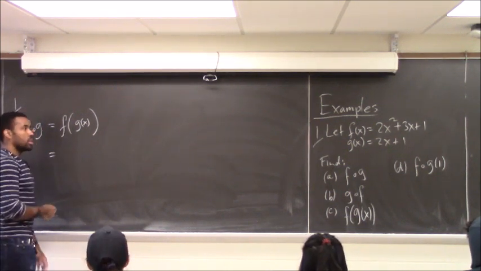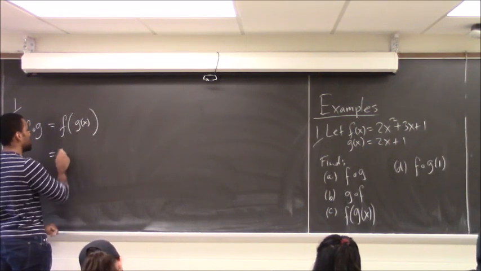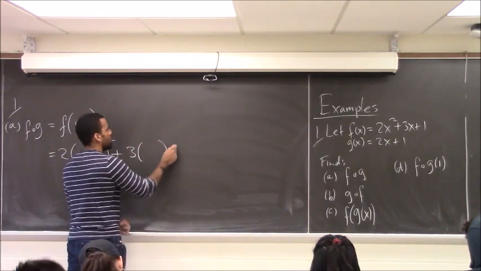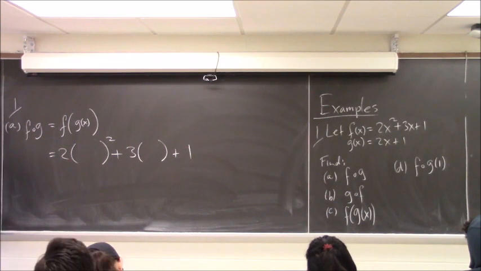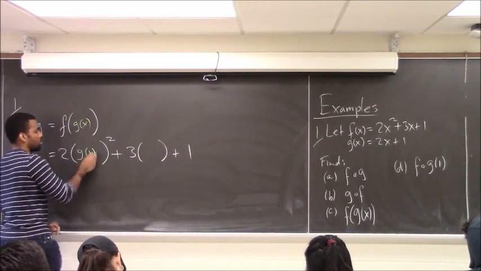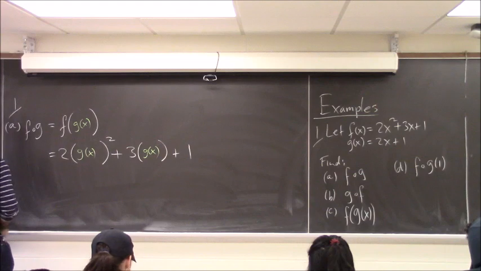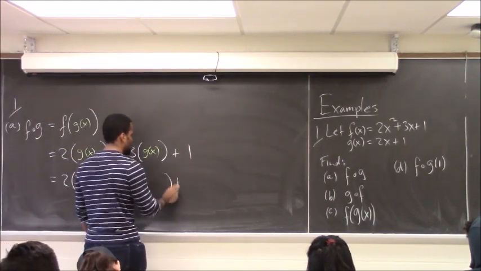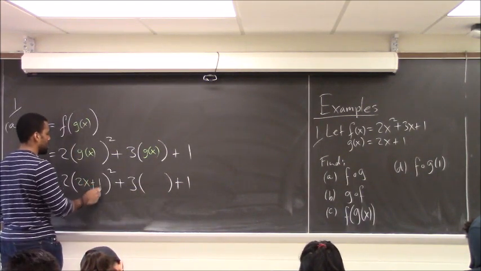Well, because I'm thinking of f as a placeholder, whenever I see f, I automatically think there's a 2 and a void, there's a 3 and a void, and now what I'm doing is, inside those voids, I am writing g's. Which means there's going to be a 2 and something squared, 3 and something. And inside I'm going to write 2x plus 1 as that something.